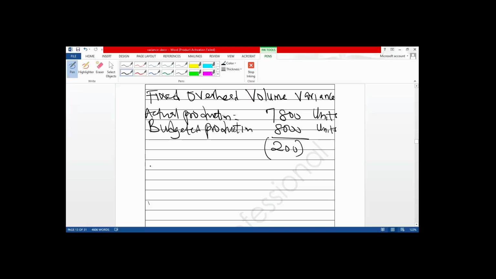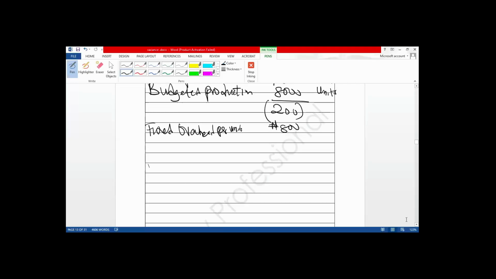Now multiply it by the fixed overhead per unit, 800 naira. That will give you negative 160,000. Final answer, 160,000 adverse.